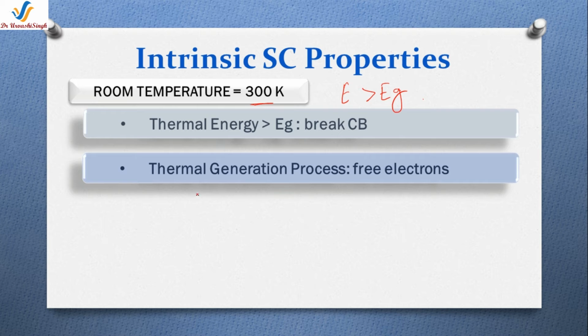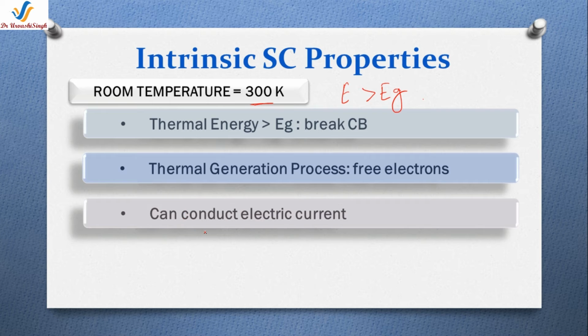Because of thermal energy the free electrons have been generated. They leave their parent atom, and if there are free electrons then there are chances to conduct electric current under the influence of an electric field. Now the semiconductor will not behave as an insulator. Now it is conducting current.